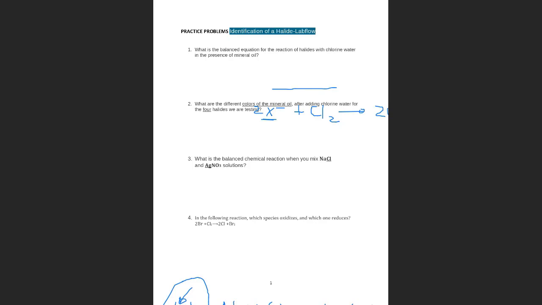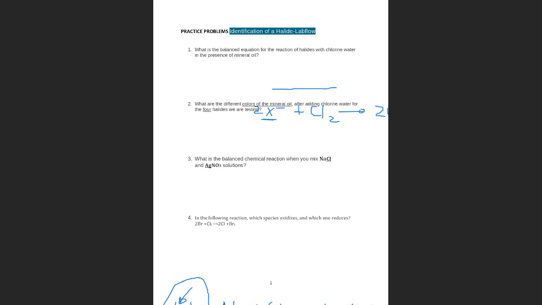And what happened with the chlorine water? It went from 0 to -1, so it gained an electron, so it was reduced. Exactly. Very good. That's perfect.